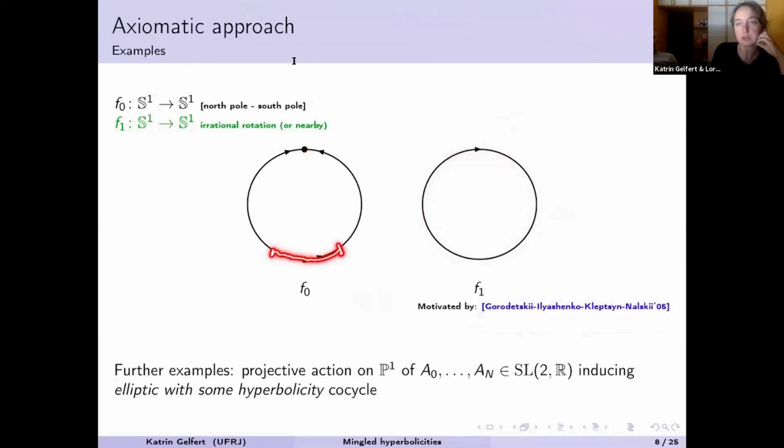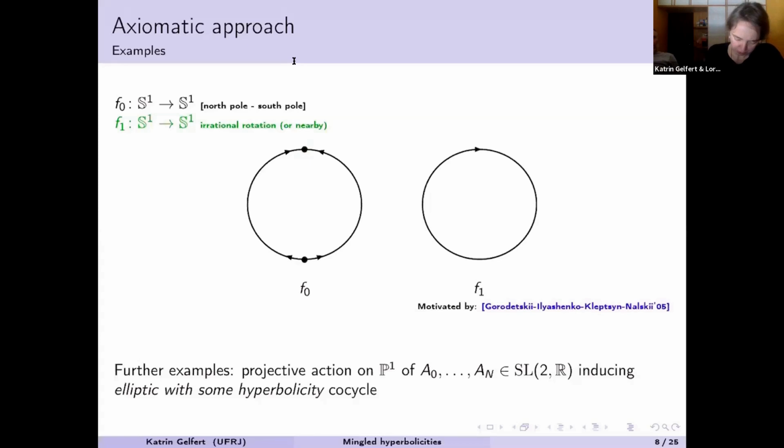You can show that this type of system, these fiber maps, gives rise to a skew product which satisfies these hypotheses. There's another class of examples which are induced by blender-like constructions, but I'm not going to talk about them.